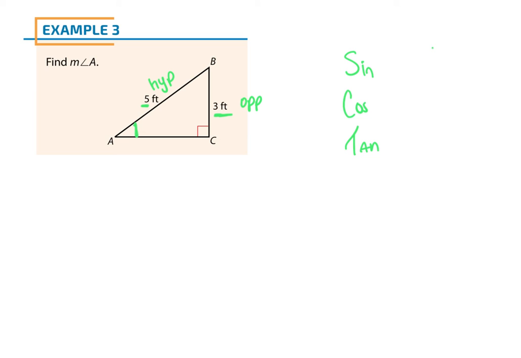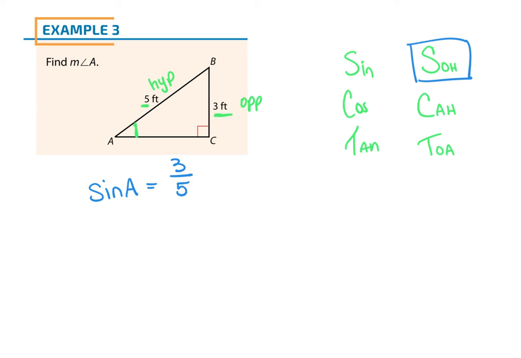Sine, right? Remember SOHCAHTOA. Opposite over hypotenuse. Adjacent over hypotenuse. Opposite over adjacent. So the trig function that we're going to need to use is the one that deals with opposite and hypotenuse. It's going to be the sine. So the sine of A should equal my opposite over my hypotenuse.